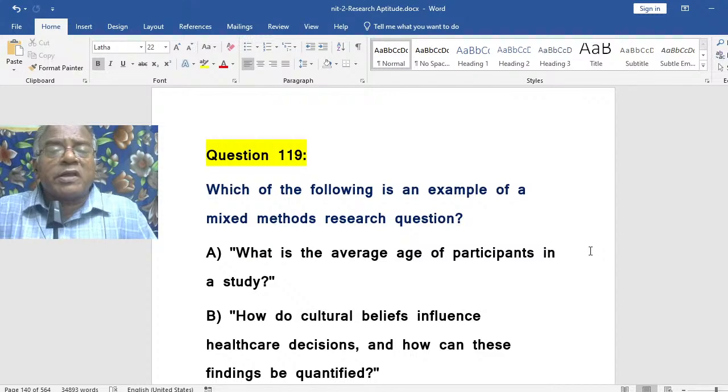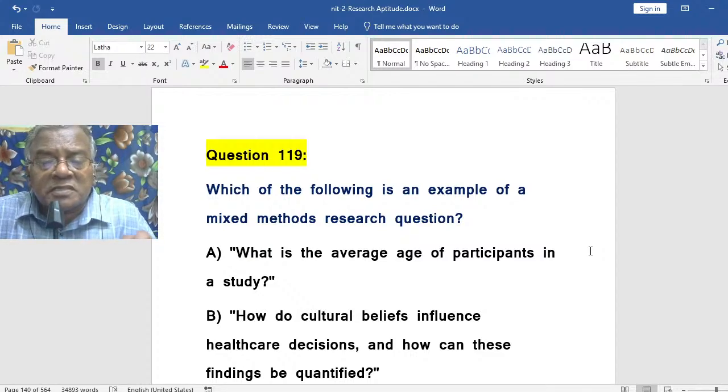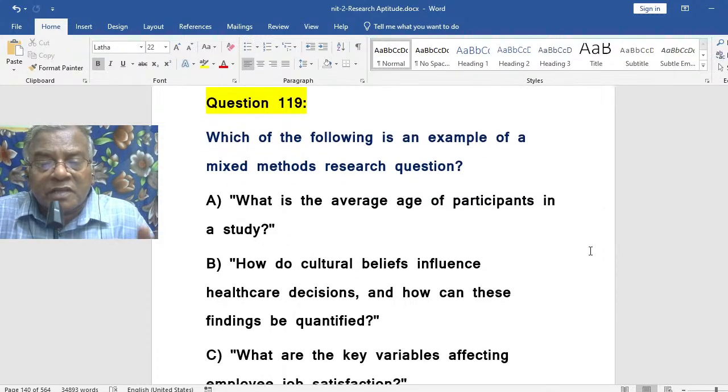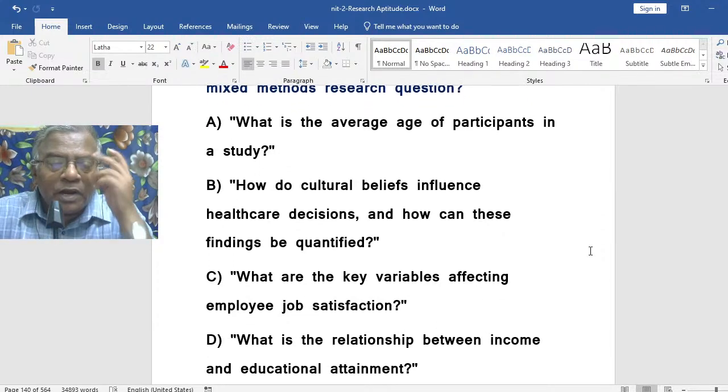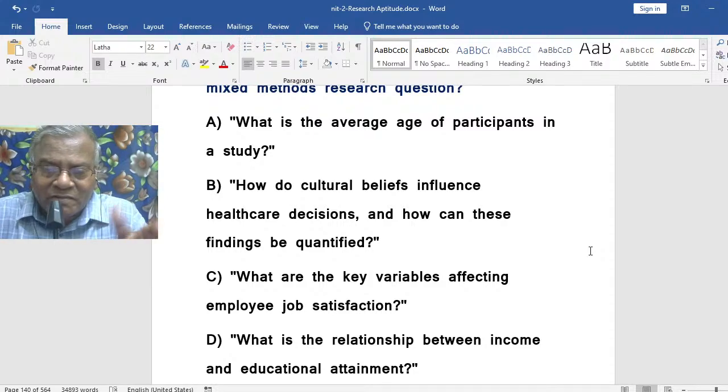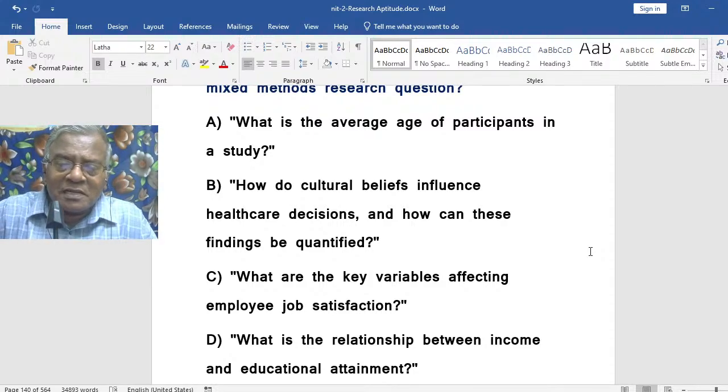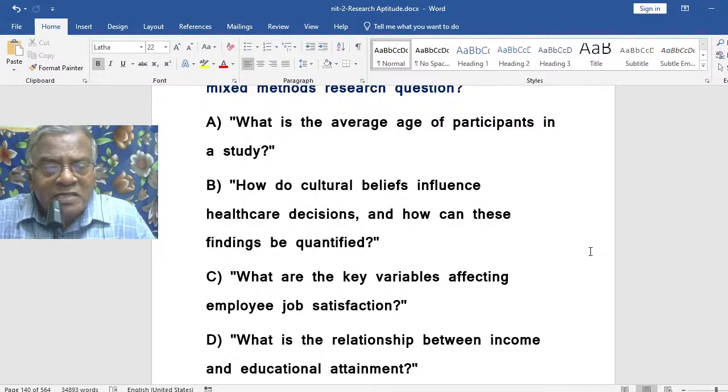Which of the following is an example of a mixed methods research question? There are four questions given. By option B, you can very well see that. First, cultural beliefs, that is qualitative data, comes. How can these findings be quantified?